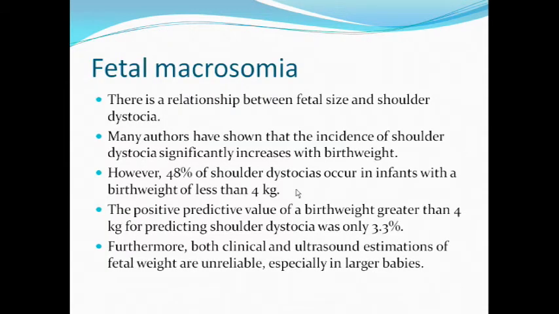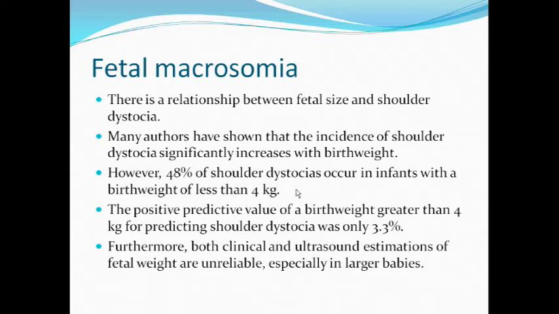I have told you, fetal size is very important for shoulder dystocia. What happens in a diabetic patient? Macrosomia is there, but there is also an increased pad of fat in the back of the fetus, in the shoulder, in the scapula area.